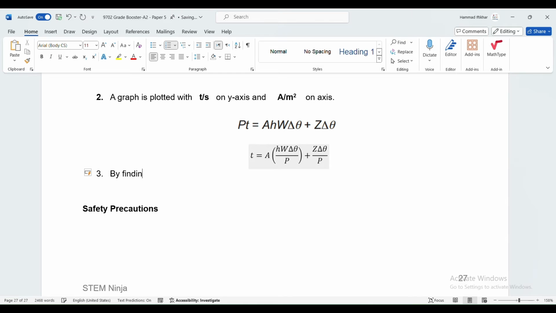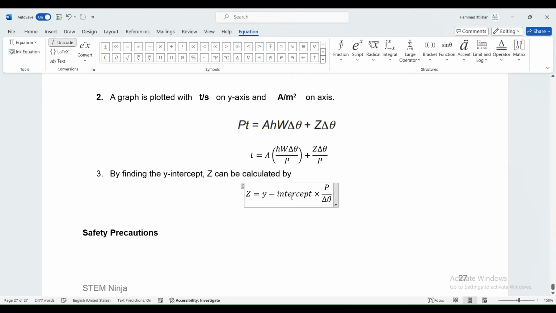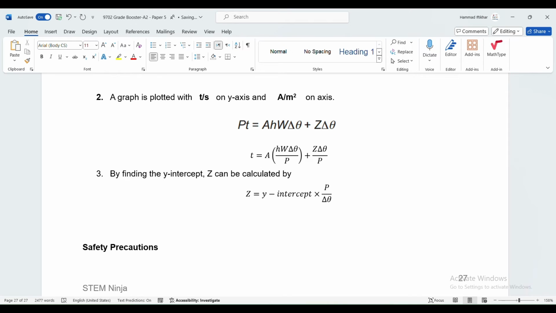So by finding the y-intercept, Z can be calculated as Z equals y-intercept times by t over delta theta. So because y-intercept is equal to Z delta theta over p, this will be the reverse of that process.